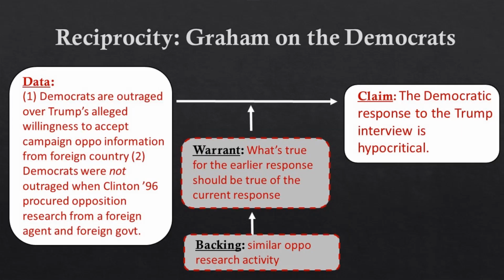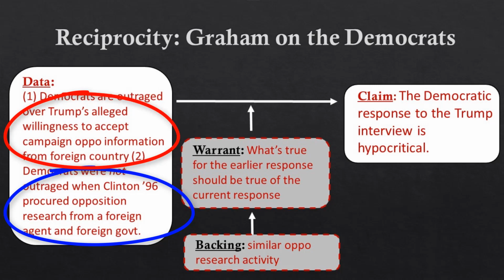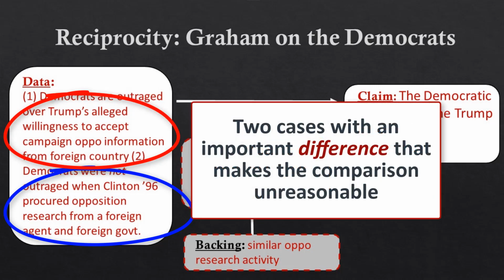Whereas in the Graham reciprocity argument, the two things being compared, the Clinton purchasing of opposition research from a firm that employed a foreign agent, is not the same thing as President Trump hypothetically suggesting that he would accept something of value without paying for it, which would be in violation of campaign finance law.